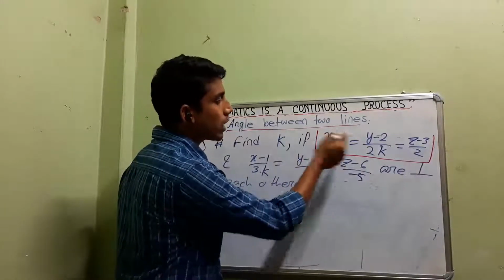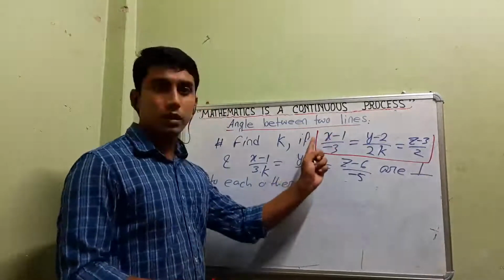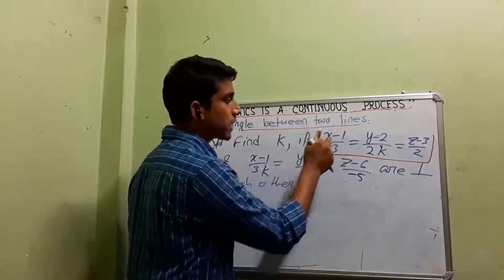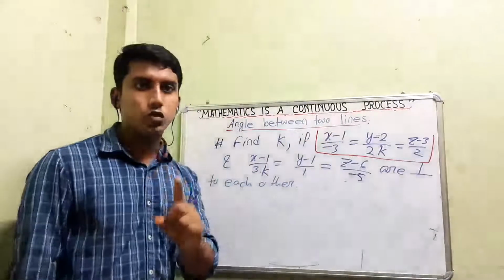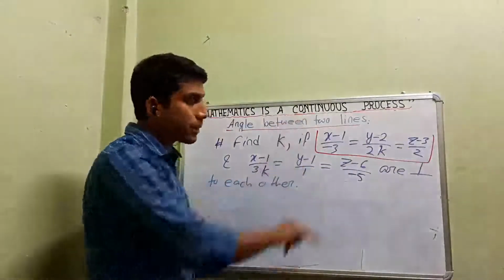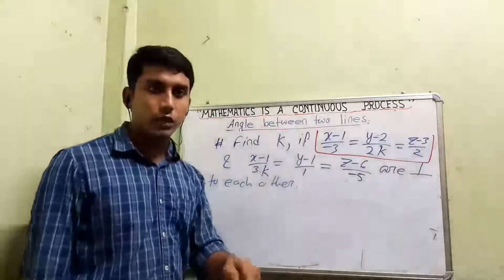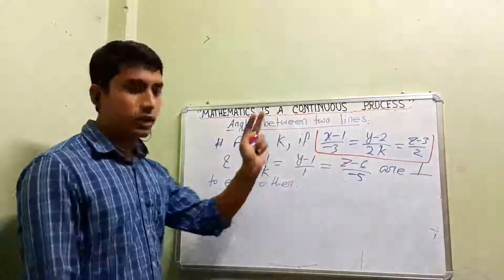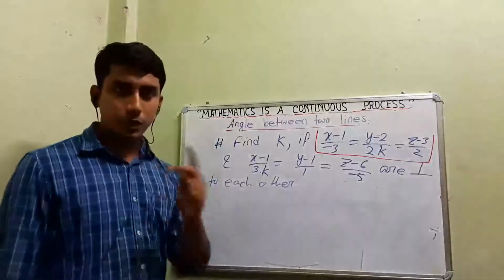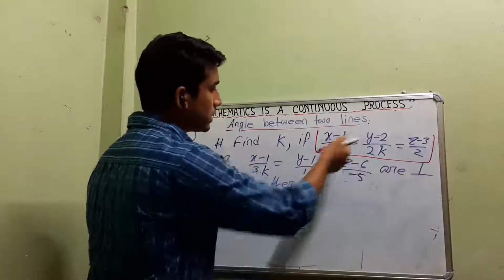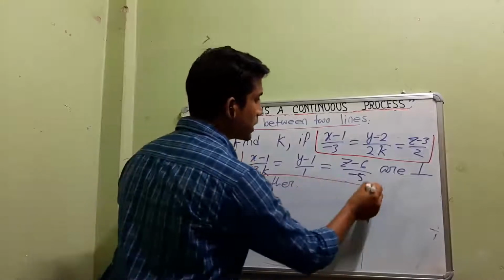It cannot be like 1 minus x; the constant should not come first. If they are not given in the standard form, by doing one step of calculation you need to take it to the standard form. In some previous problems, and in my previous video also, I have shown how to do this. Here, coincidentally, both the equations are in the standard form.